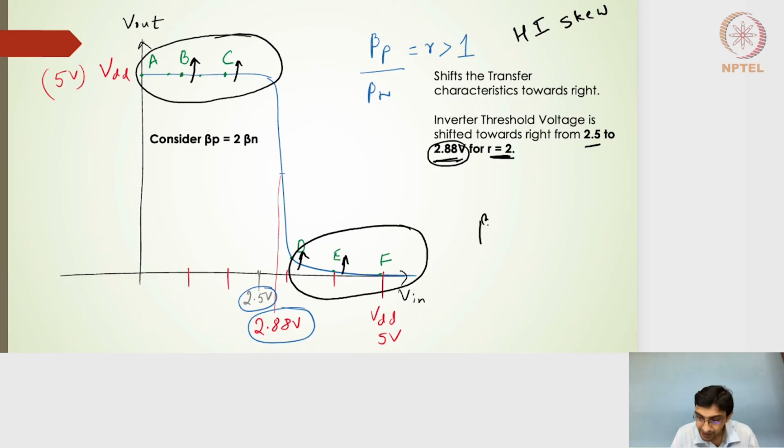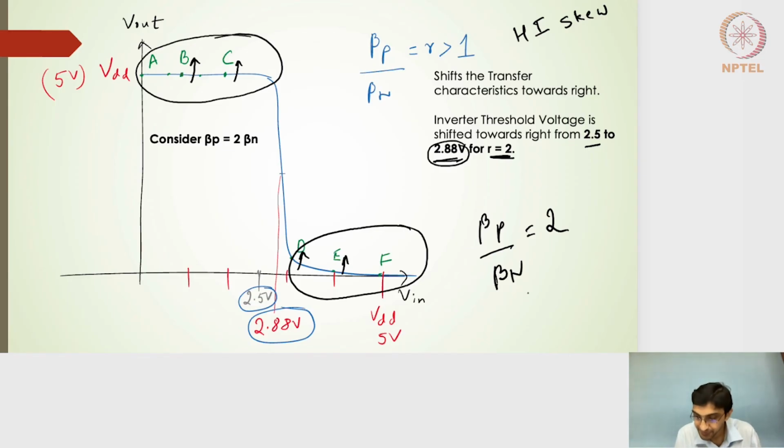If beta P is more than beta N, in this case 2, the PMOS is more dominant, so it pulls most of the input voltages closer to the 5 volts, and only for fewer input voltages is the NMOS able to pull the output closer to 0 volts.